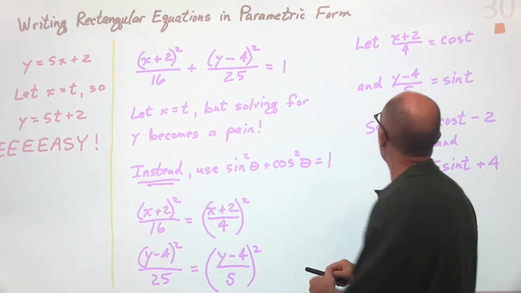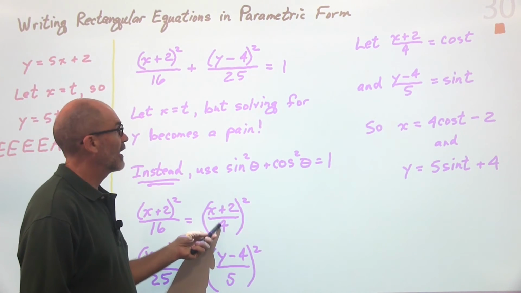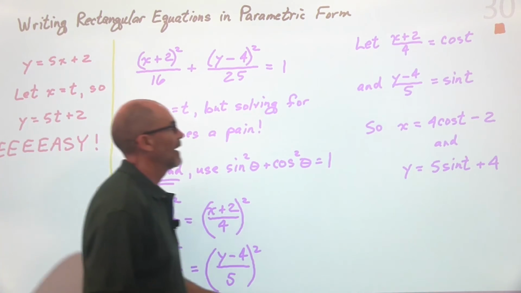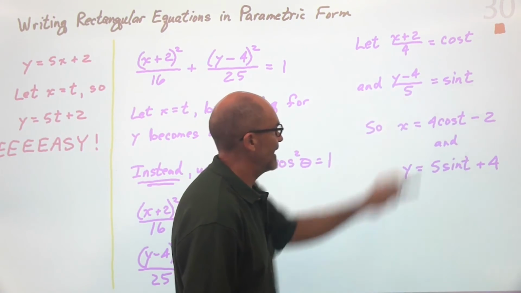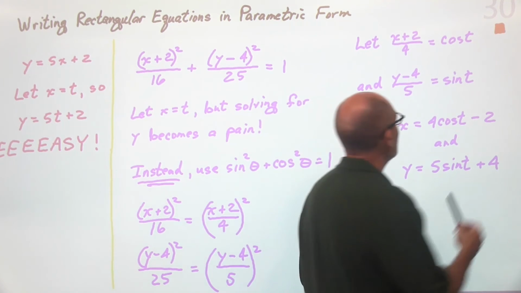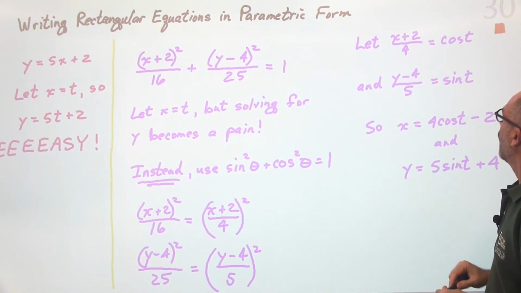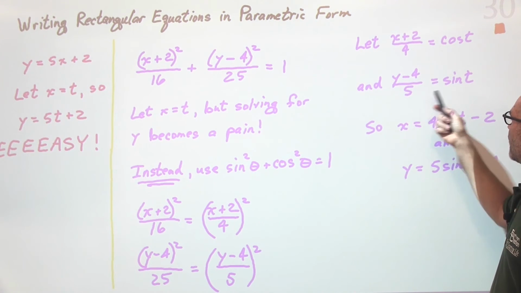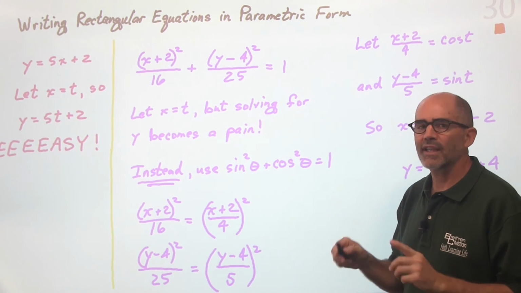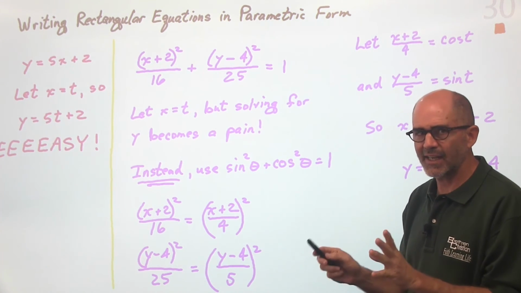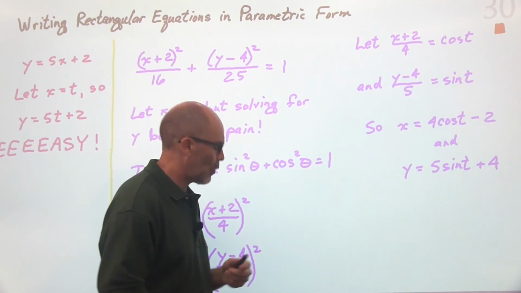So now I have the first chunk. We're going to say let x plus 2 over 4 equal cosine t. And we're going to let y minus 4 over 5 equal sine t, because I know that cosine squared plus sine squared equals 1. Now, could I let y minus 4 over 5 equal cosine t? Yes, I could. The only problem with that is we're really used to having x and cosine related and y and sine related. So we like to keep that relationship going.